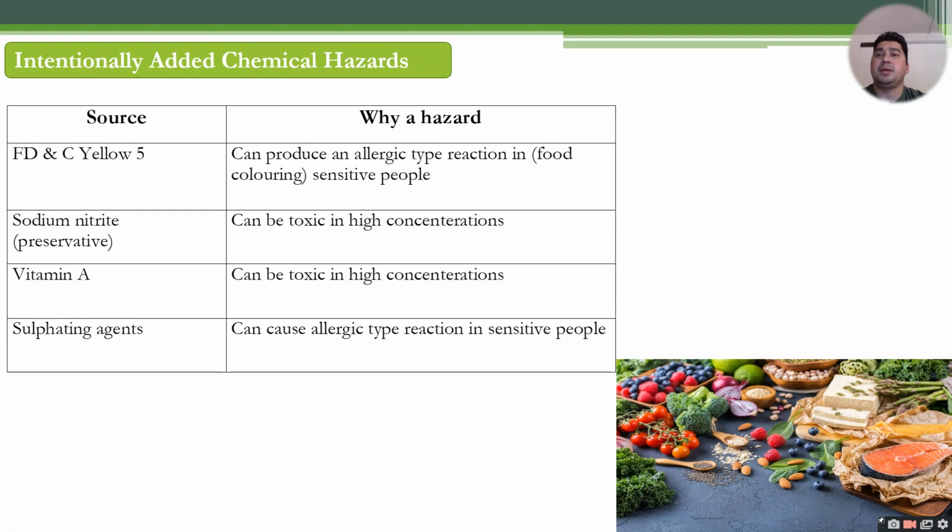Vitamin A can also be toxic in high concentration. Sulfating agents can cause allergic type reactions in sensitive people. If they are allergic to sulfites, then they can have an allergic reaction.